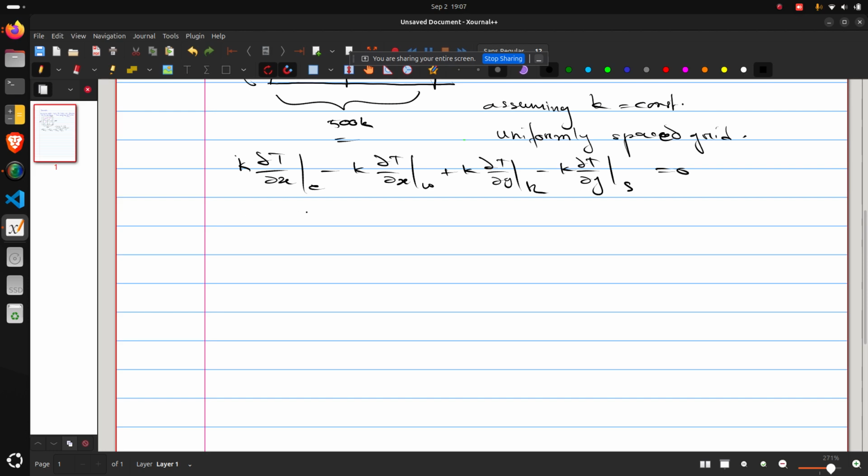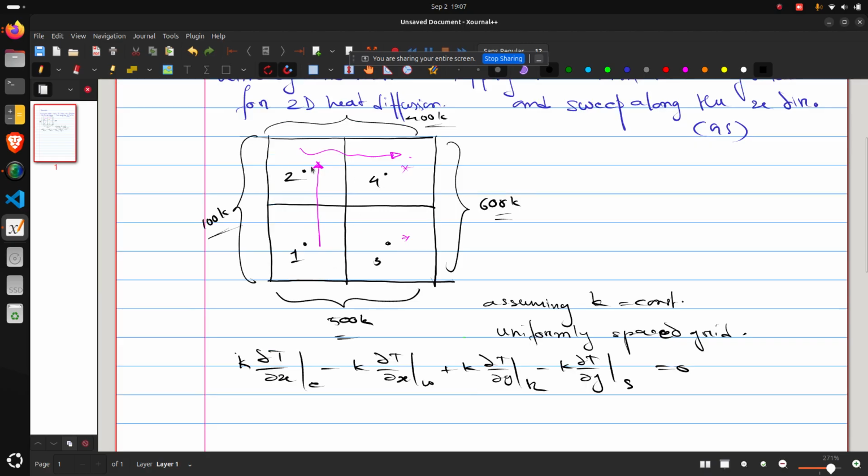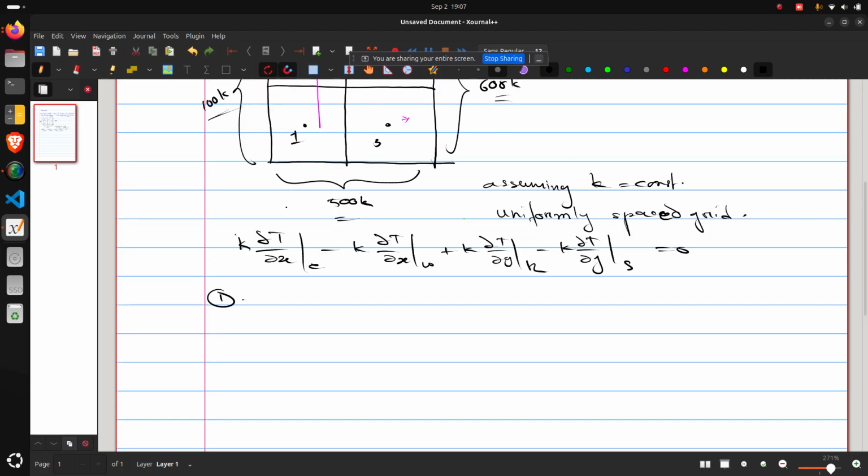Okay. So now say we want to do this for each of the cells, cell number 1, 2, 3, 4. So what about cell number 1? Let's write about cell number 1. We do not have a neighbor on the west side and the south side, which will be replaced by the boundary values.